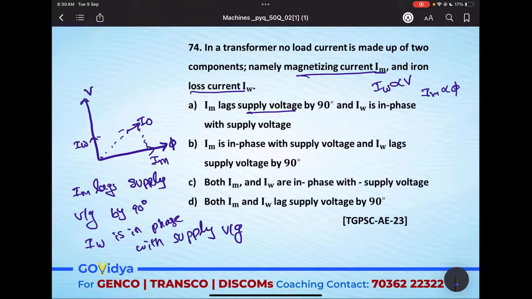Okay, so these are the statements we can draw from the phasor diagram. Let's see the given options. The given option A is correct. IM lags supply voltage by 90 degrees and IW is in phase with the supply voltage. If you are clear about the phasor diagram, we can easily solve this question. Let's move on to the next question.